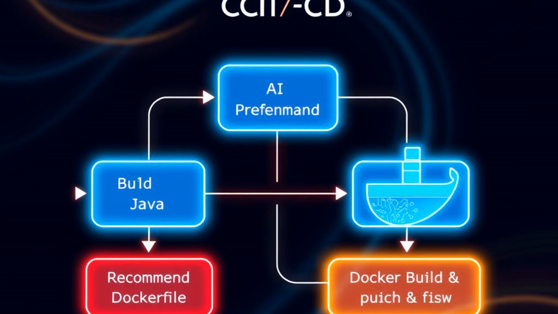While local execution is great for testing, the true power of AI-driven Dockerization shines brightest within a continuous integration/continuous deployment, CI/CD, pipeline. Our .gitlab-ci.yml example showcases this seamless integration.